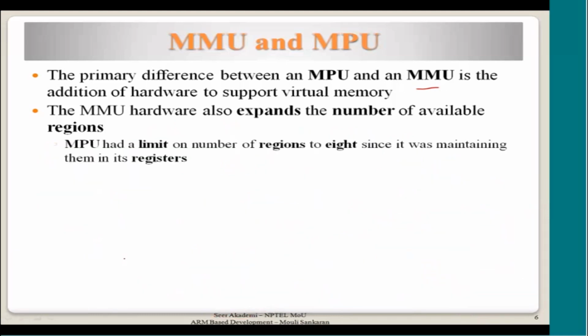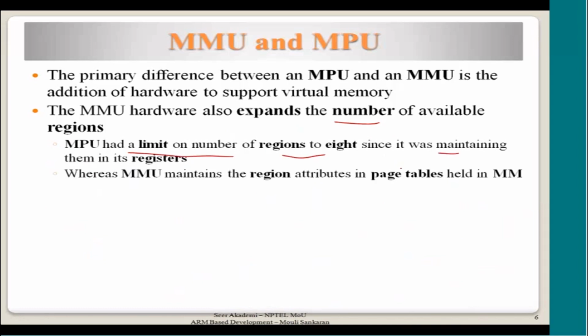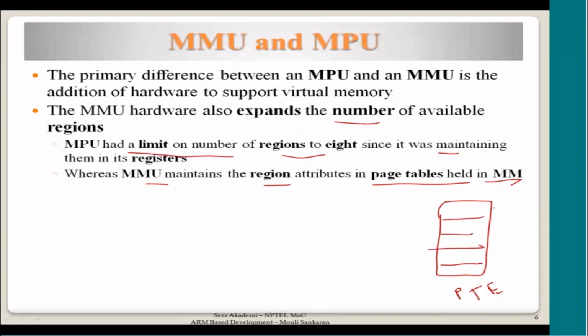It expands the number of available regions. MPU had a limit of 8 regions, since it was maintaining them in registers. Now MMU maintains the region attributes in a page table, which is held in main memory. Once the page table is in the main memory, the number of page table entries can be many. So it doesn't matter how many regions you are defining.